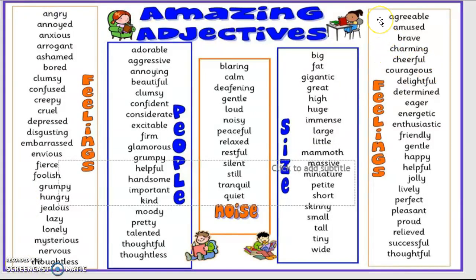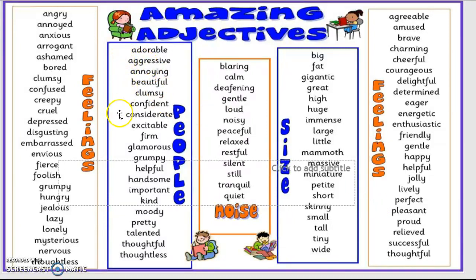It goes on. Agreeable on the right side, amused, brave, charming, cheerful, courageous, delightful, determined, eager, energetic, enthusiastic, friendly, gentle, happy, helpful, jolly, lively, perfect, pleasant, proud, relieved, successful, thoughtful. So there's lots of feeling words that adjectives use here.